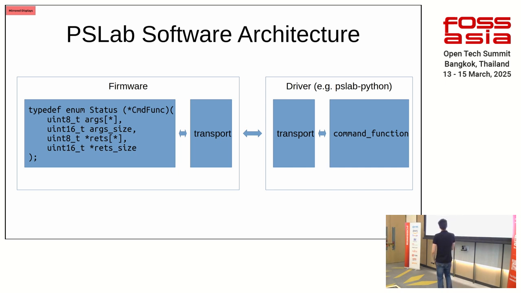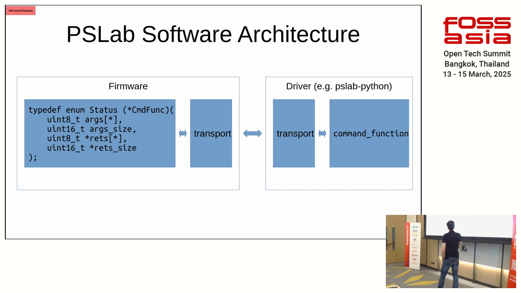For any given command function, the way it works is that some bytes are being sent over this thing right here, which represents a serial bus. It comes into the PSLab's transport layer, and the transport layer looks at the header that's part of the transmission and calls the appropriate command function.